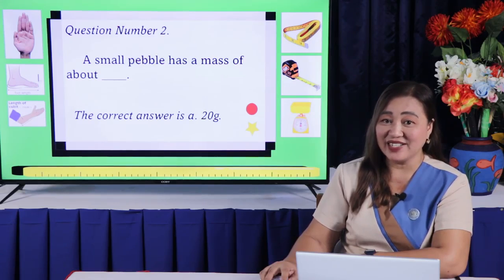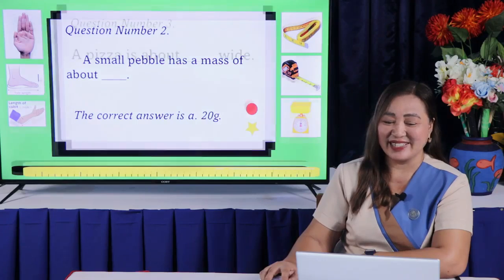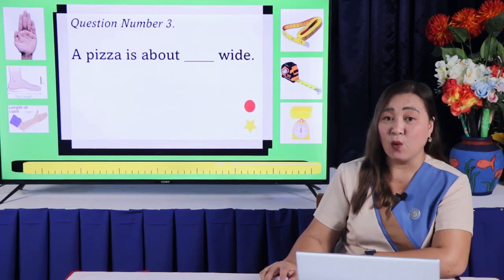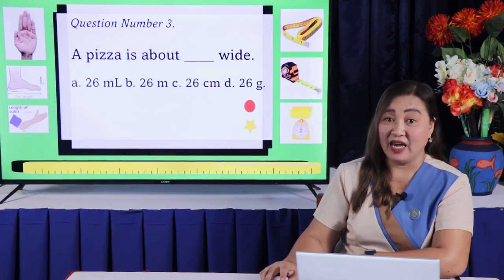Did you get the correct answer? Great. Next question. A pizza is about blank wide. A, 26 milliliters. B, 26 meters. C, 26 centimeters. D, 26 grams.